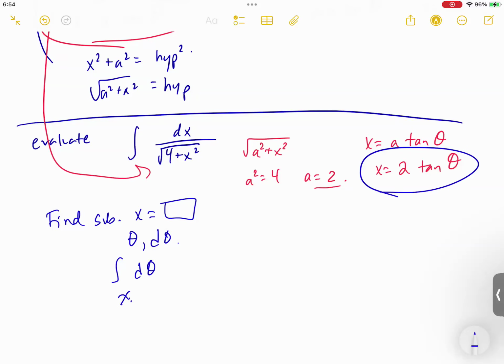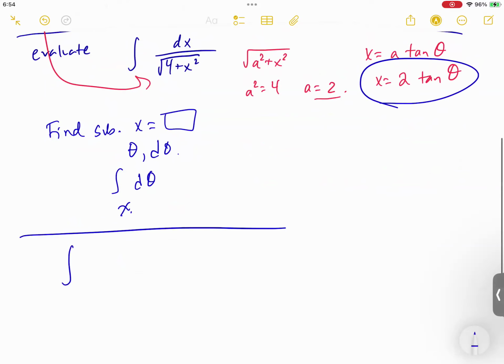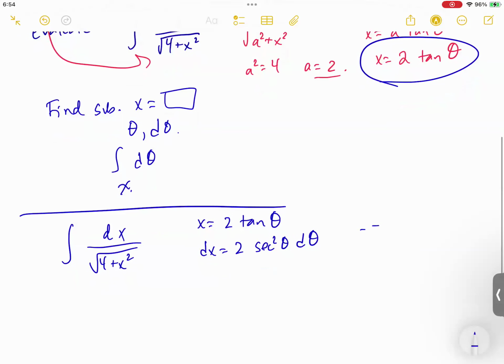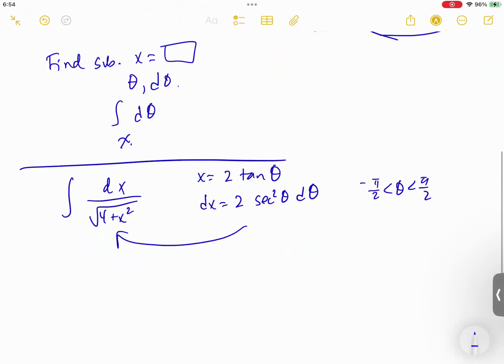Okay, so we had x equals 2 tangent theta. Our integral was here. So we have dx. Okay, so we're going to need to also calculate that. So if we know x is 2 tangent theta, dx is 2 secant squared theta d theta. And for completeness, we know that in this case, our theta is between negative pi over 2 and pi over 2. If you look at this expression, square root of 4 plus x squared, we need to convert that.